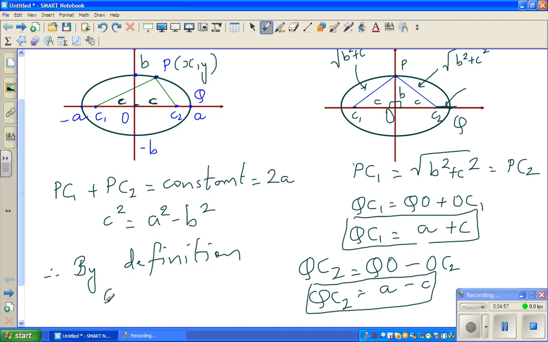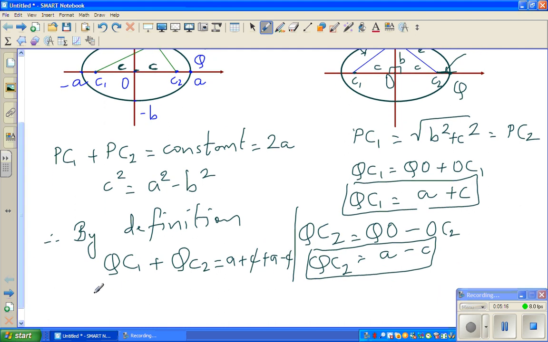QC1 is A plus C, and QC2 is A minus C. The plus C and minus C cancel. So what we have proved is that QC1 plus QC2 is equal to 2A.